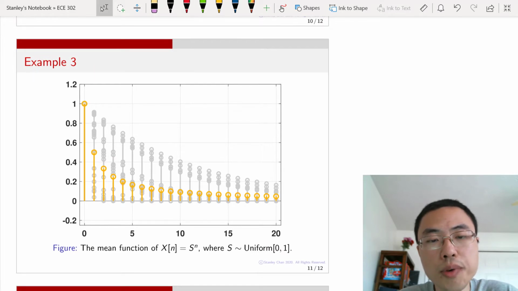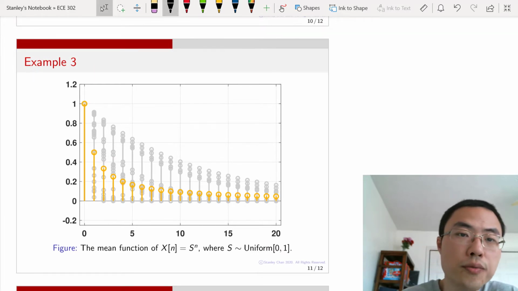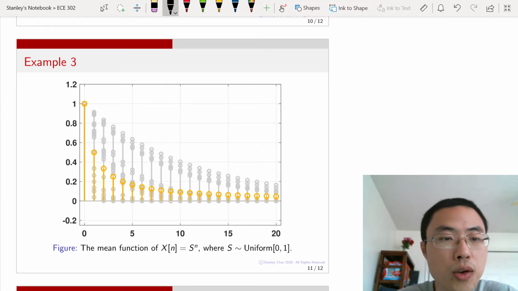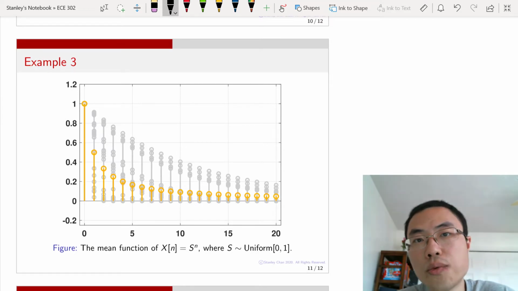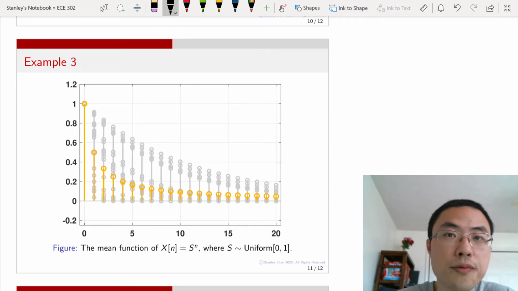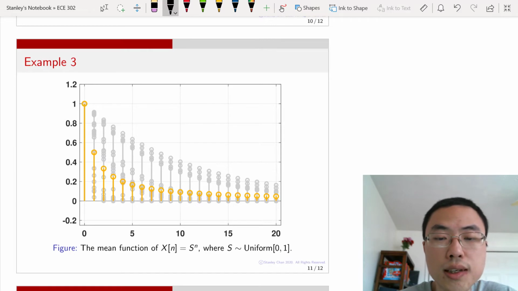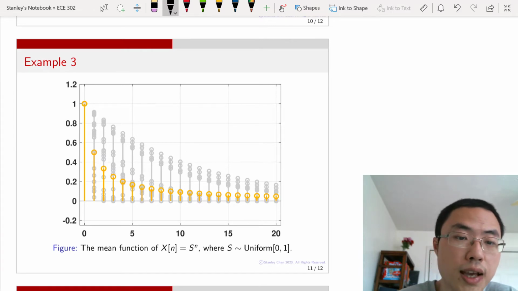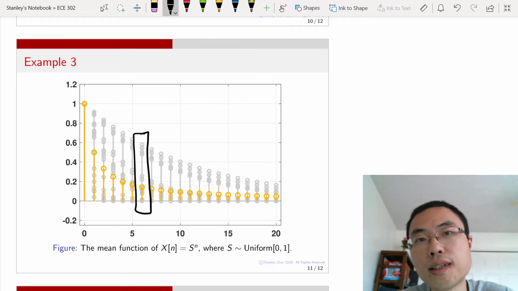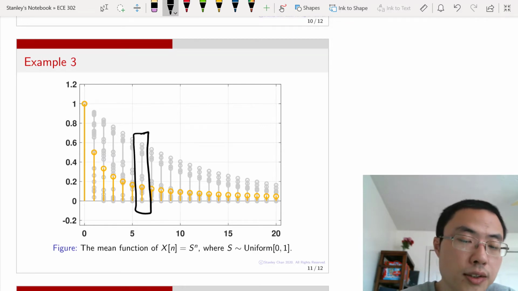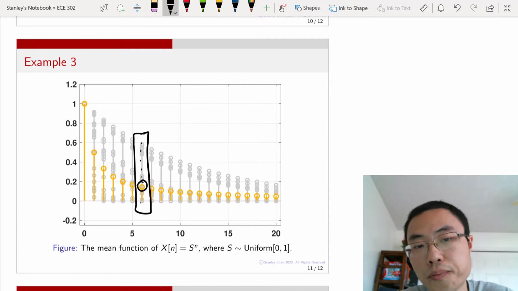This is a pictorial illustration of what is going on in this example. You have all these gray lines, they represent the random realizations of this random function. The yellow one represents the mean function. At every time instant, for example here, you can take the statistical average, meaning that you can take the expectation over all these possible samples, and you calculate that the average is here.